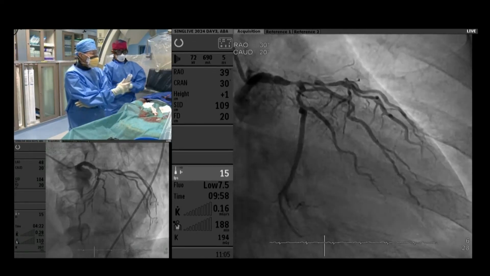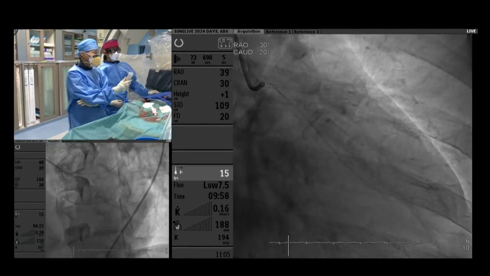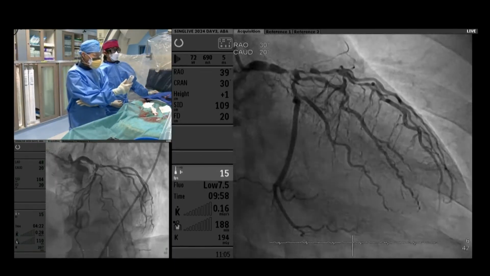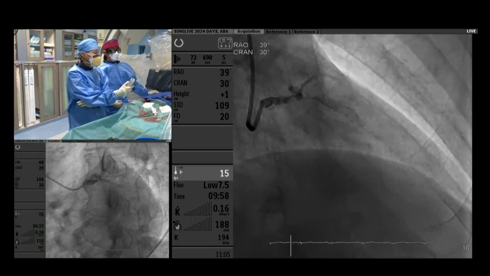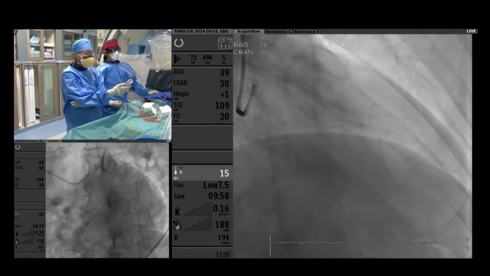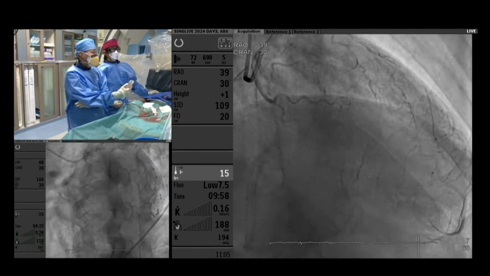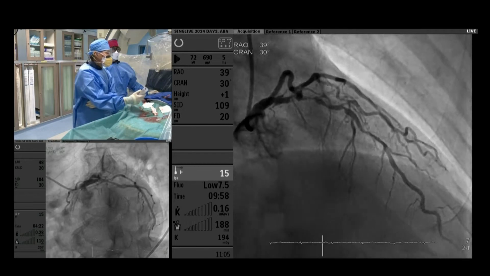Also, there's an in-stent restenosis in the proximal LAD. I think it's a 3.0 stent. And then the mid-LAD also has quite significant disease. I can show you here in the caudal cranial view. So diffuse disease, fortunately not so calcified on angiography. And then I think that's all I have here.